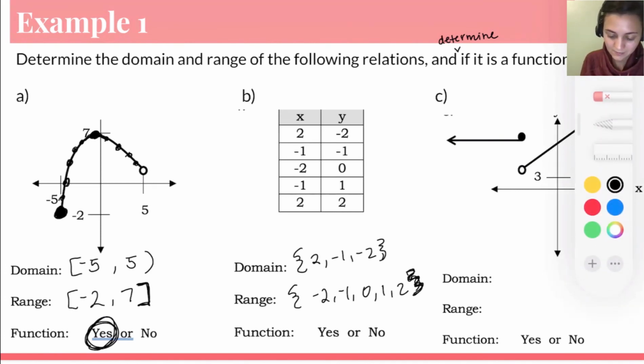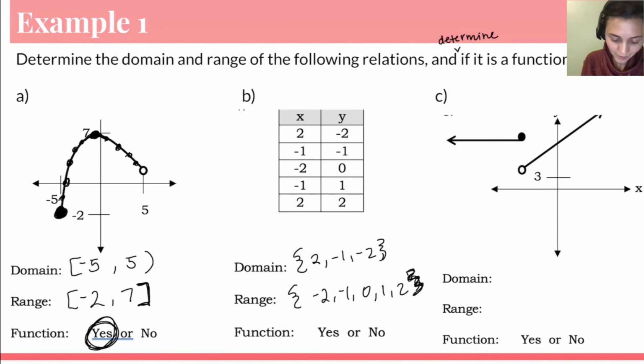And I can see right here that if I were to map these out, 2 maps onto both -2 and +2, and then -1 maps onto both -1 and +1. So because I have inputs that match with multiple outputs, this is not a function.